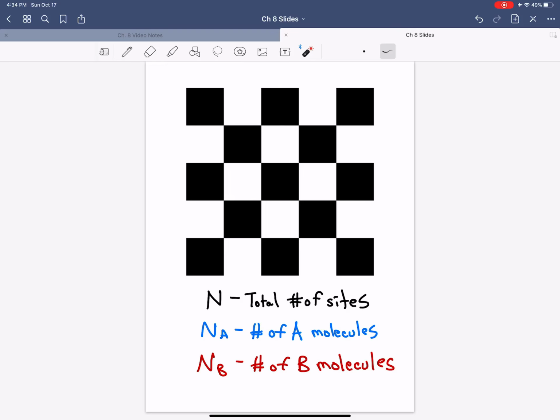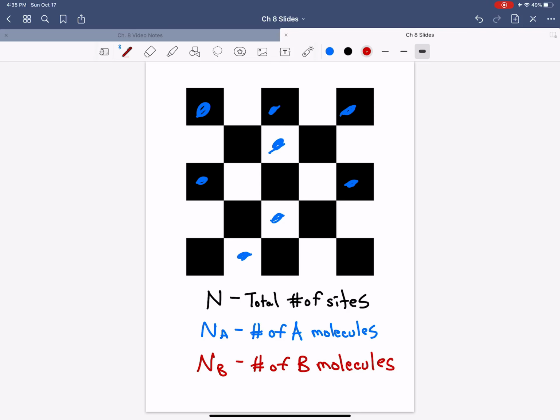And we'll let the number of squares, or the number of sites in our checkerboard, be equal to n. And so if we have a mixture of A and B molecules, let's say we arrange the molecules like this. So let's say we have A molecules here, here, here, here, here, here, here, and here.